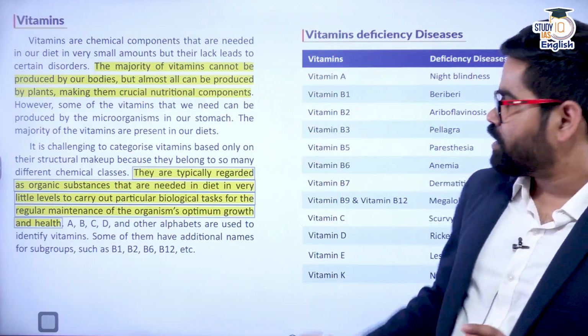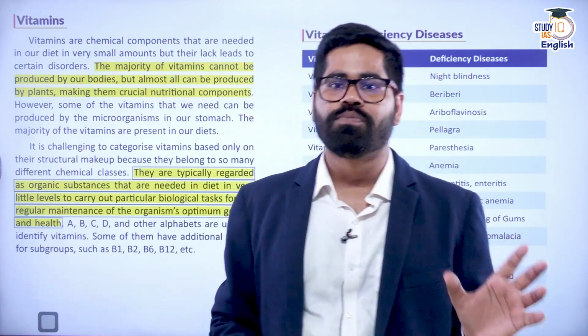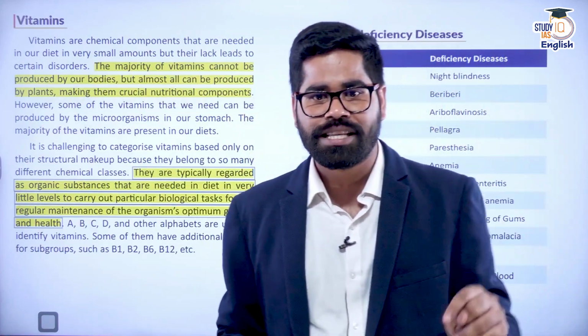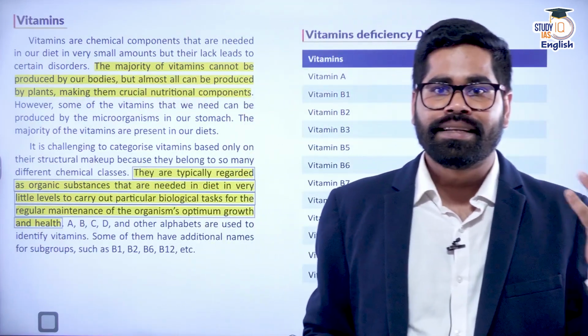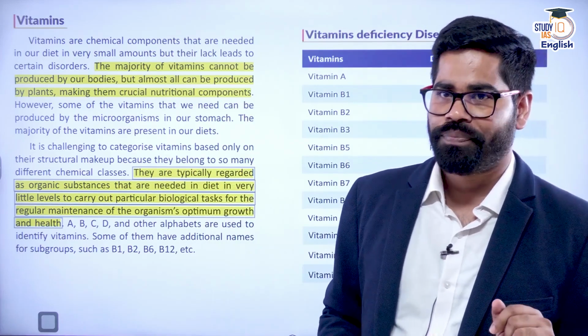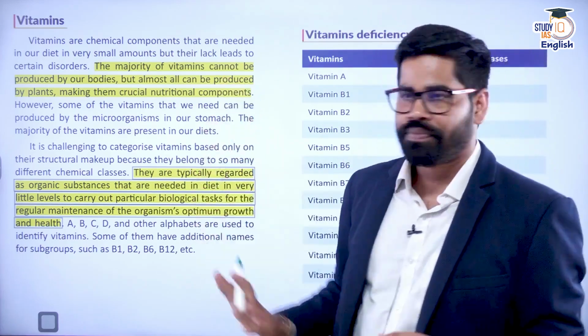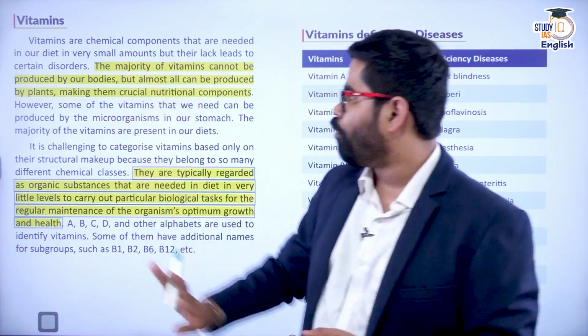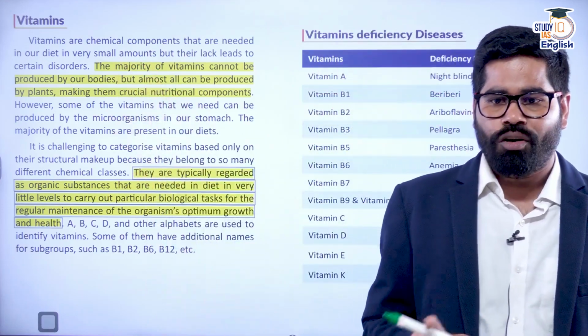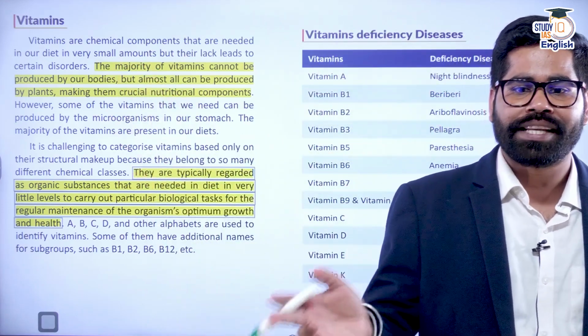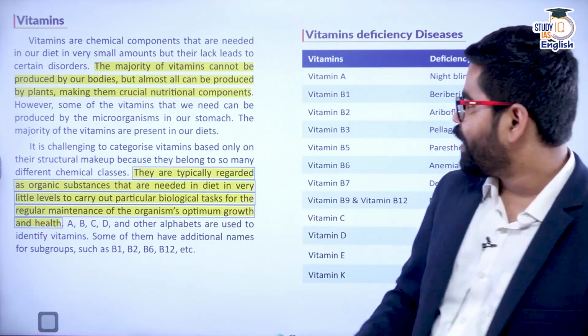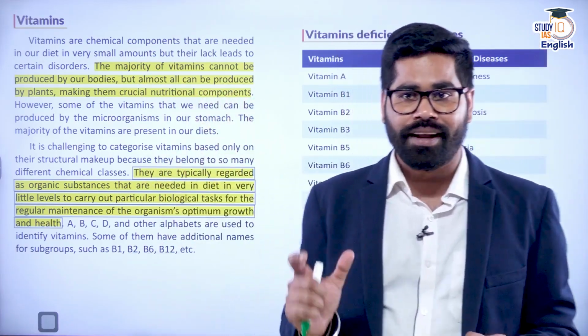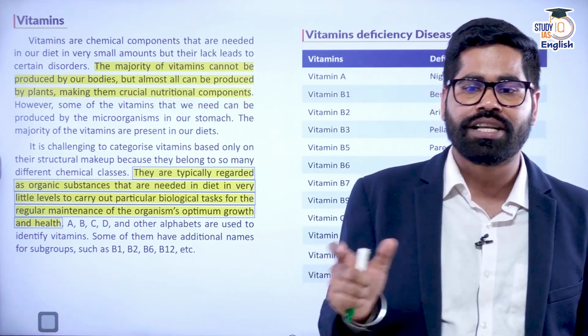So vitamins are needed in our diet in very small amounts. But if they are not supplied, then there can be certain diseases or disorders in the body. These vitamins cannot be produced by our bodies, but almost all can be produced by the plants. And that's why they are one of the very important nutritional components.